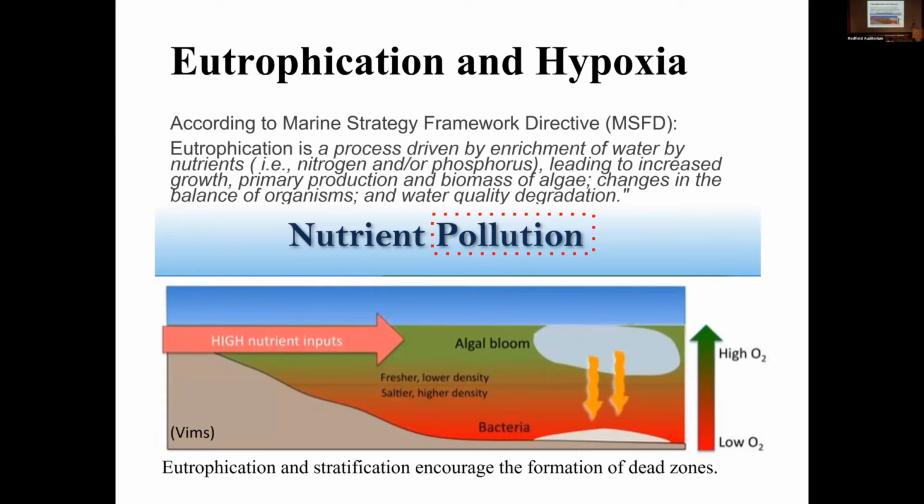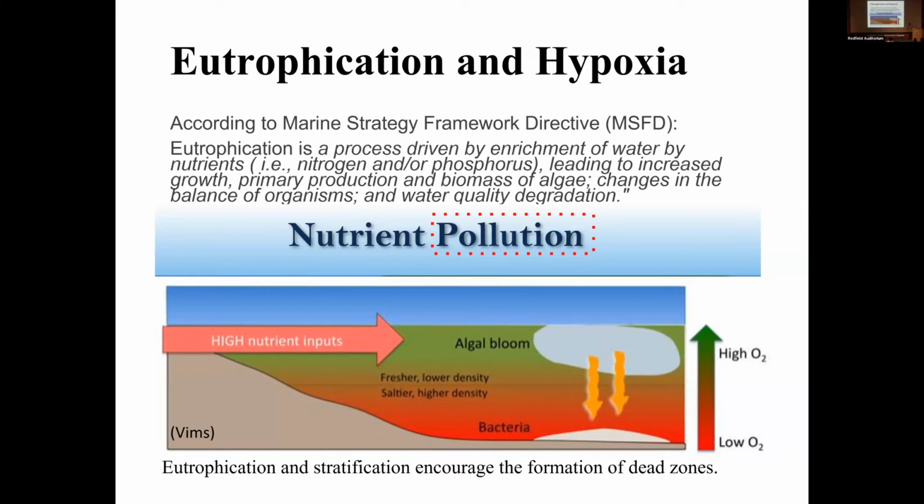According to the Marine Strategy Framework Directive, eutrophication is a process driven by enrichment of water by nutrients, N and P, and leading to increased growth, primary production, and biomass of algae, and change in the balance of organisms and water quality degradation.